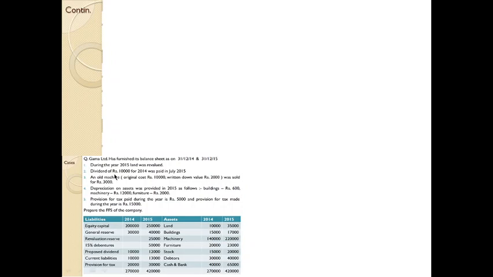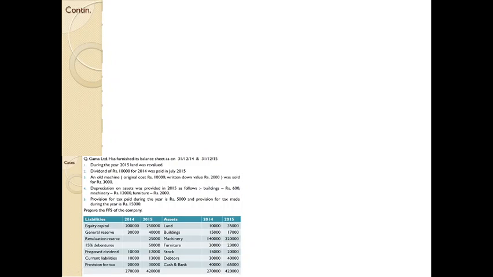Second part: dividend of rupees 10,000 for 2014 was paid in July 2015. The meaning of the sentence is, dividend has been paid. And if you go closely through the liabilities and assets or the comparative balance sheet given in the question, you can see that there is an item proposed dividend, 10,000 and 12,000.